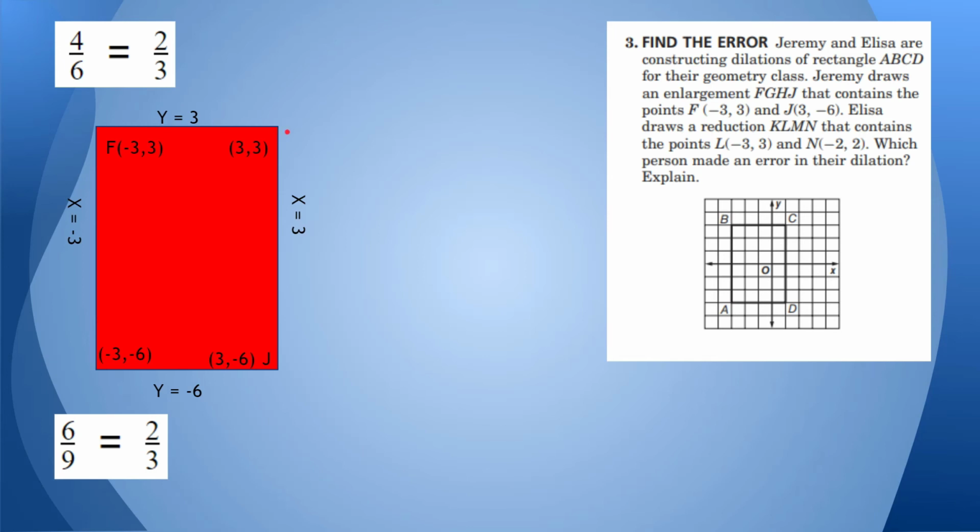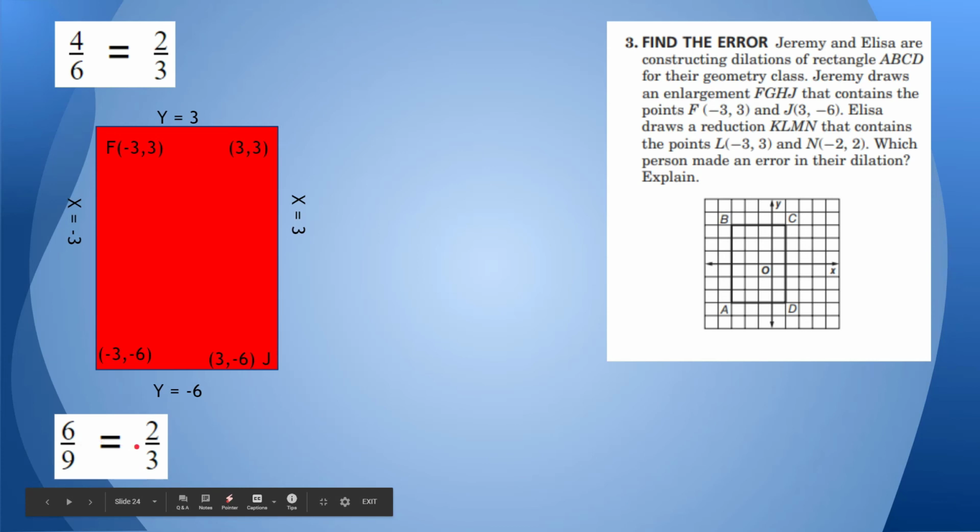And if we're going up and down, then we're going from +3 to -6. So +3 to 0 is 3 spaces, 0 to -6 is 6 spaces. So we end up with a ratio of 6 over 9. That's the length of this side over the length of this side, 6 over 9.